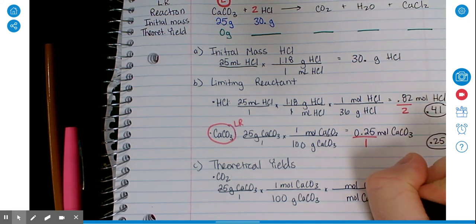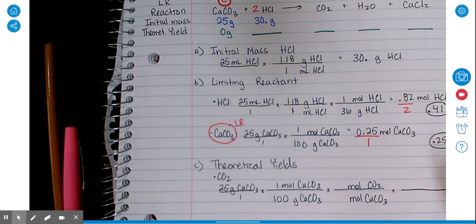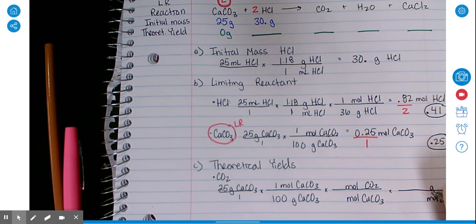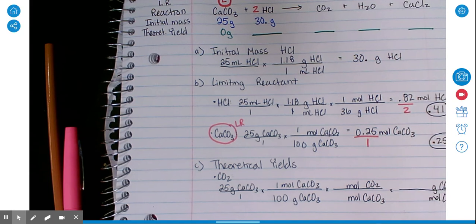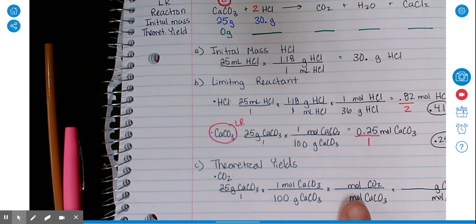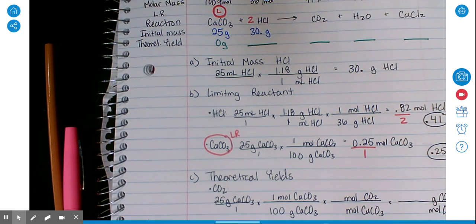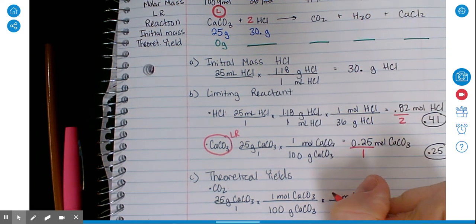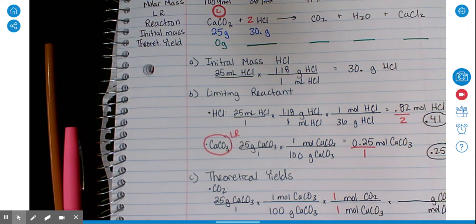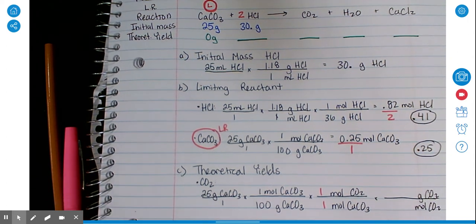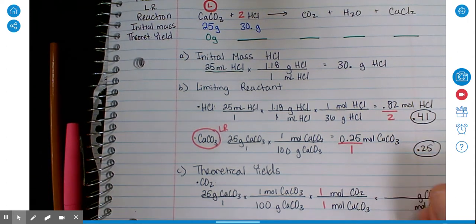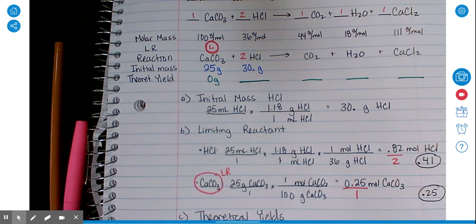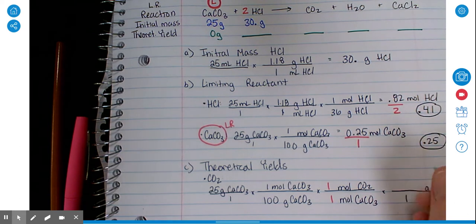CO2. And from moles of CO2, I can go to grams of CO2 using that molar mass. Now, coefficients. It's a 1 for calcium carbonate and a 1 for CO2. So just a couple ones there. Molar masses, the 1 goes with the mole, and the molar mass of CO2 is 44 grams in 1 mole.